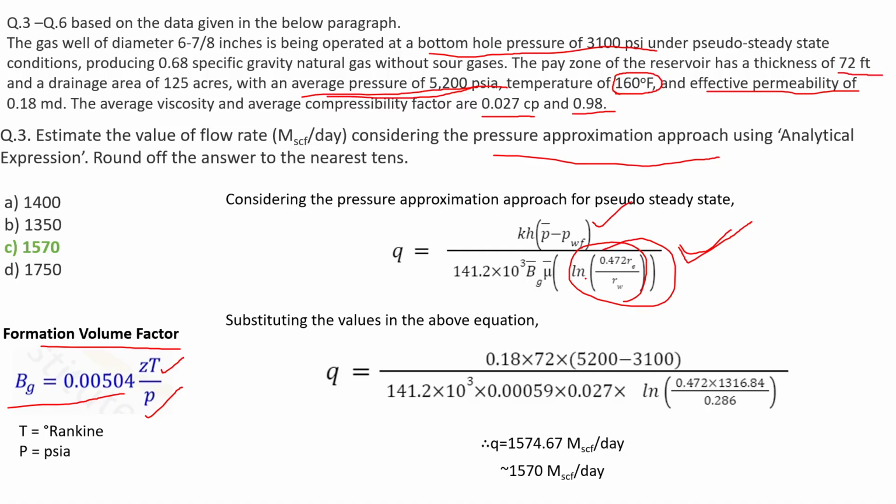And then ln 0.472 into Re divided by Rw. Now Rw you are getting from the gas well diameter. If you take half of this, you will get Rw. And to find Re, they already gave you the drainage area of 125 acres.